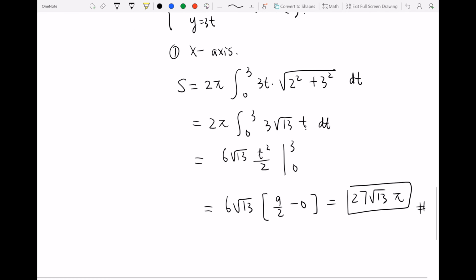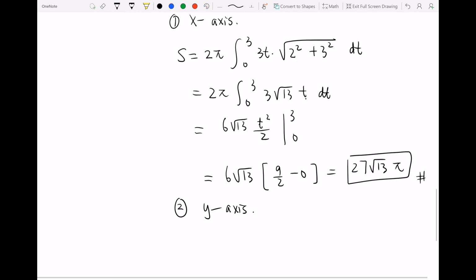Okay. So next, I would like you to try, how about we revolve it about the y-axis? Try this one. I'm going to call a student to tell me the answer.